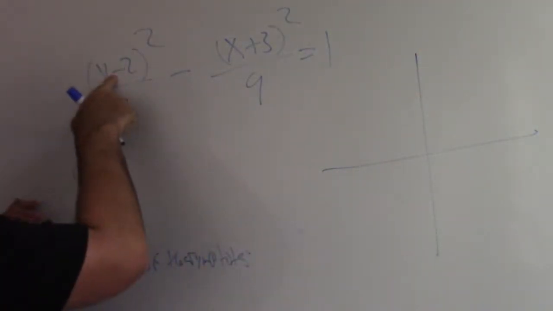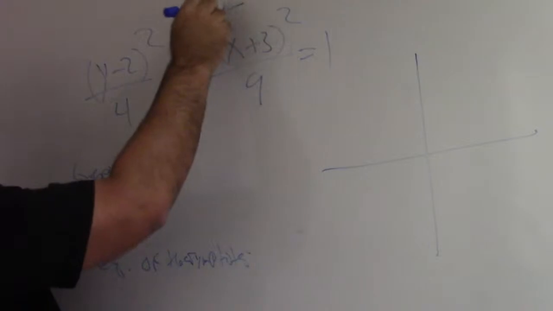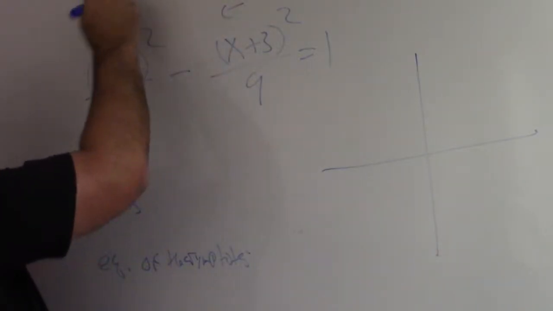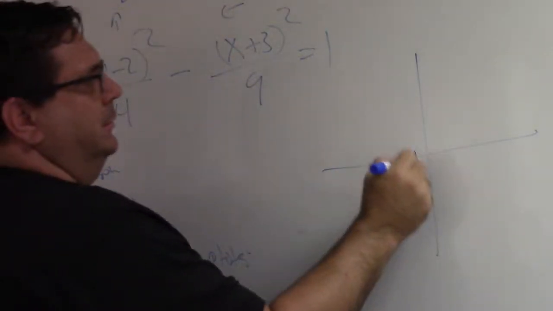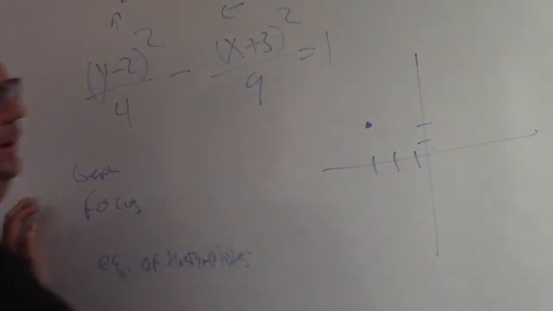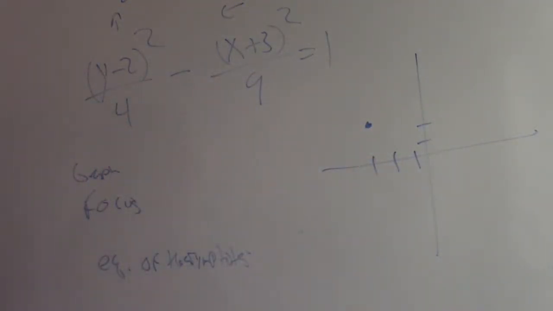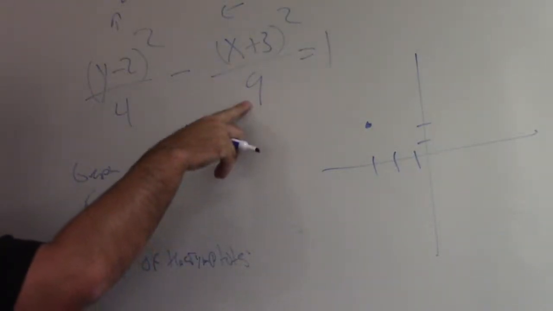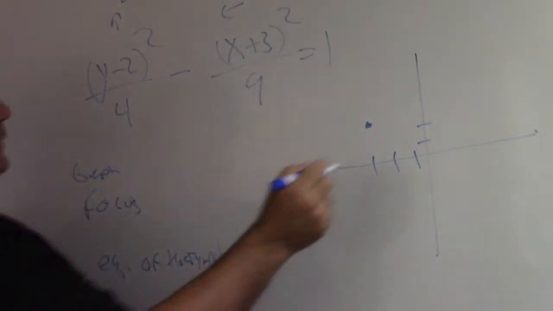All right, we're here. Over 3 left, up 2, yes? Over 3, up 2, dot there, yeah? Now, X is going to go right and left 3.